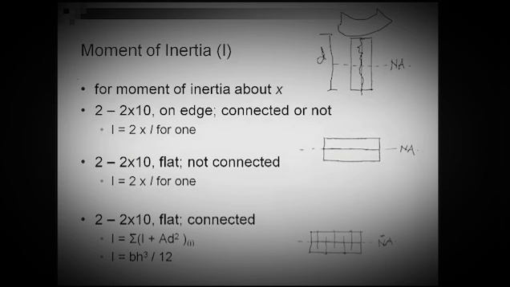But if I were to connect two members on the flat, my total depth is this. If I did not connect them, I've got two members with a smaller depth. And the difference would be a bigger D squared or smaller D squared added to one another.